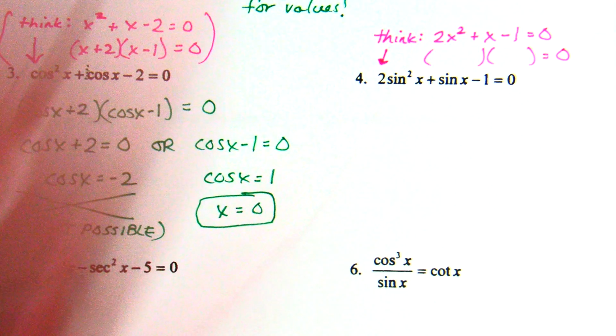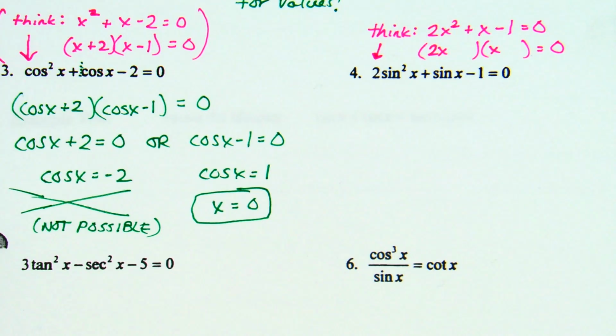Yeah, it ends up being 1/2 because you add 1. So 2 sine x equals 1. Divide by 2. And we're going to need to know, when does sine x equal 1/2? Hold that thought. We'll come back to that in a moment. Sine x plus 1 equals 0. Subtract the 1 over. And so we're going to need to know, when does sine x equal negative 1?